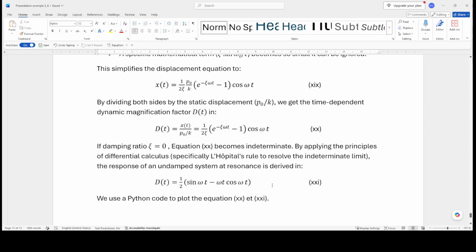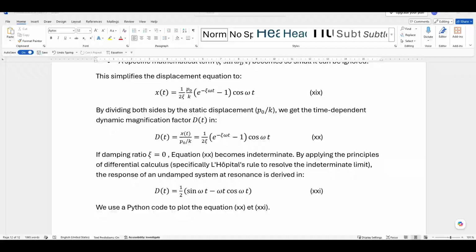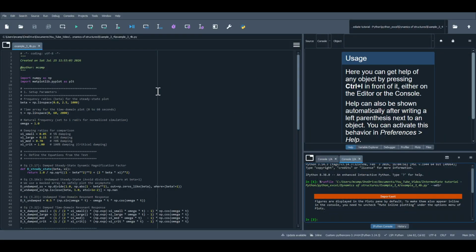We can now plot this equation using Python code to visualize the graph of the magnification factor and obtain the graph.